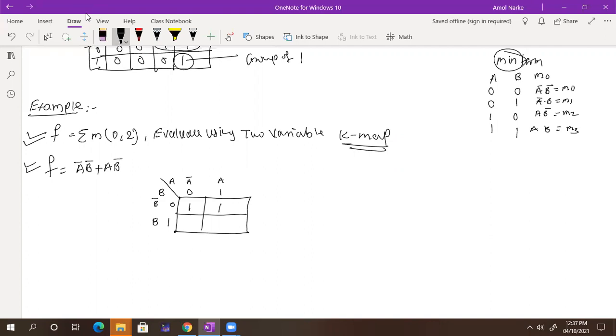So A complement is 0, but you wrote it as 1. So 1 into 1, you wrote 1, but it should have been 0 into 0.